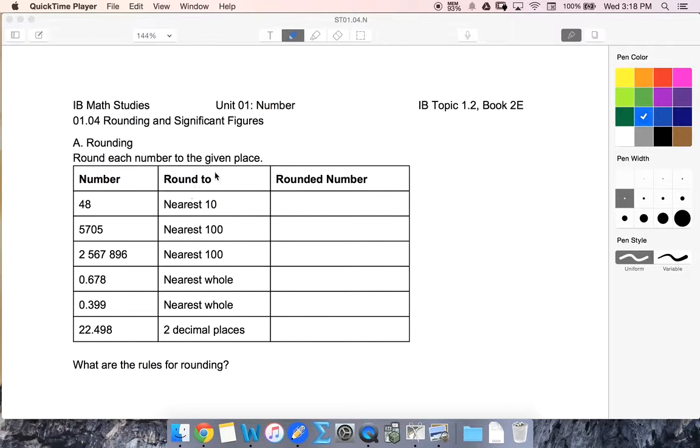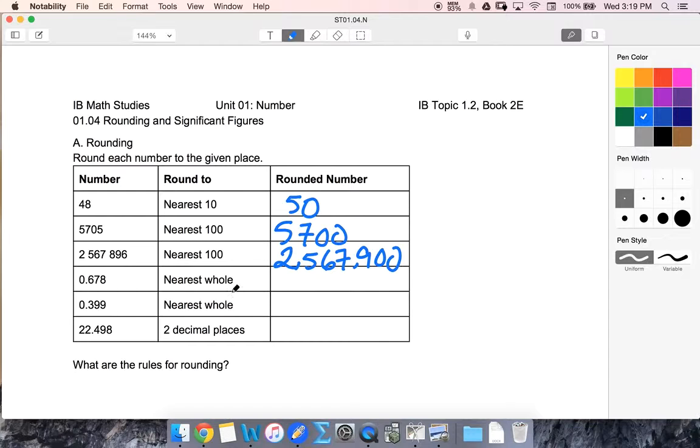To the nearest tens place, 48 to the nearest 10 is 50. So I'm going to fill in 50. To the nearest 100, 5,700. To the nearest 100, 2,567,900.